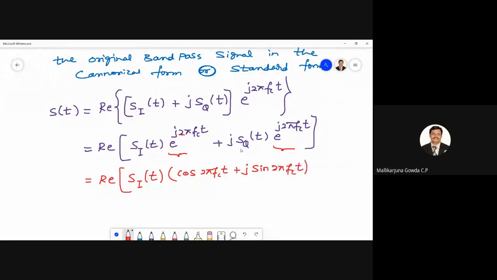Similarly for the other term, plus j into s_Q of t into cos 2 pi fct plus j sin 2 pi fct.